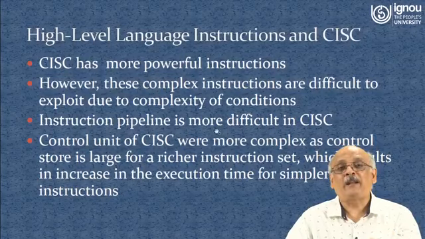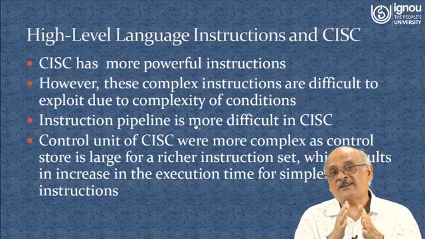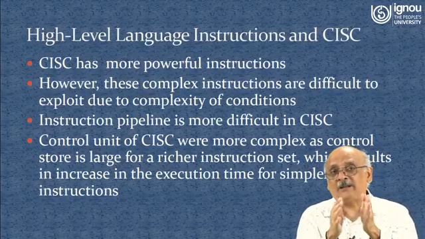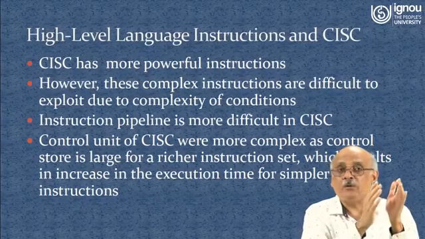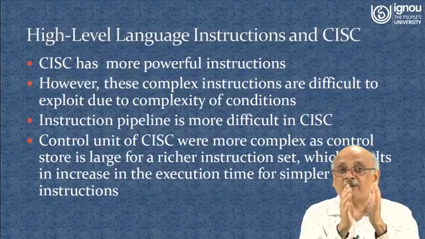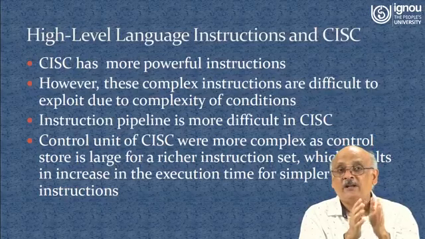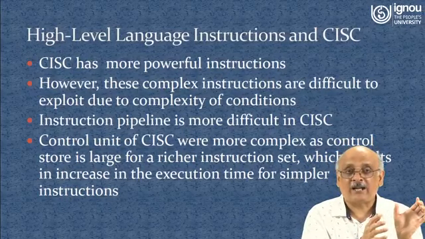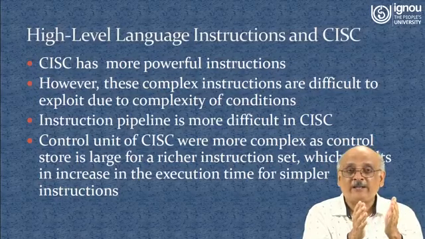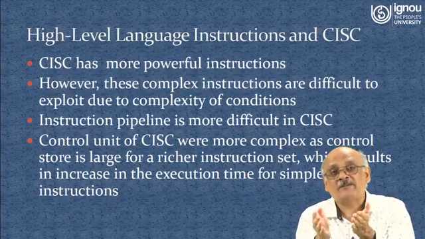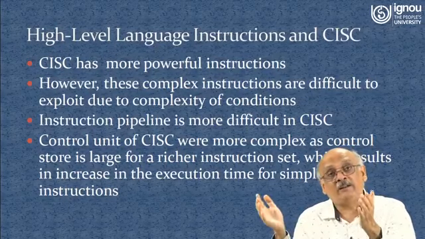Then instruction pipelining is more difficult in a complex instruction set computer. Instruction pipelining works very well when you can divide a sequence of instructions into equal sized compartments. However, with complex instruction set computers, that task was difficult because for some instructions the fetch cycle may take the same time and decoding may take similar time, but for execution, some instructions may require only a few cycles, whereas other instructions may require a very large number of cycles.